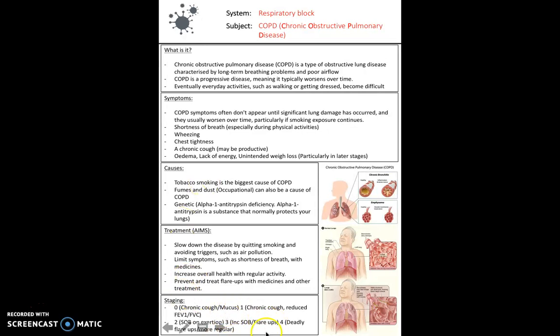Also be aware of how we stage it, and treatment is essentially to slow down the disease progression, because we don't want it to progress any worse than what they have when they start. So quitting smoking and avoiding triggers such as air pollution are really good ways we can slow down that disease progression.